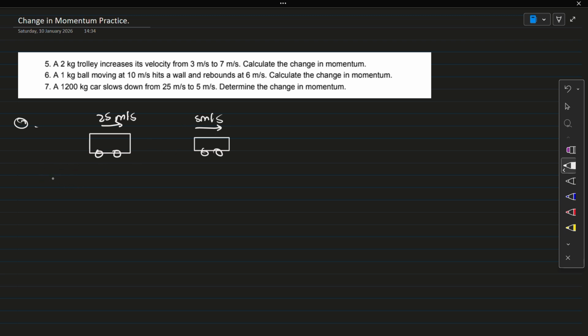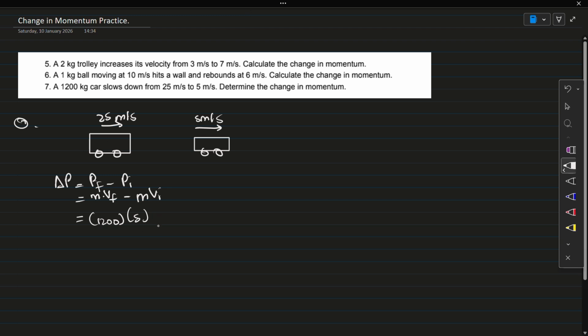Change in momentum is equal to final momentum minus initial momentum, which is mass multiplied by final velocity, minus mass multiplied by initial velocity. The mass is 1200. The final velocity will be 5.